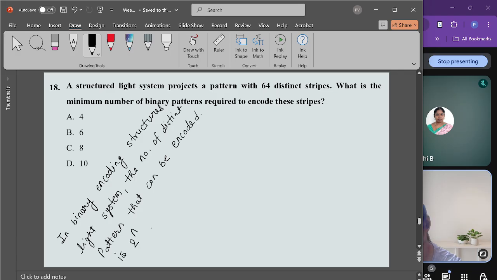Already we have seen, and where n is the number of projected patterns.